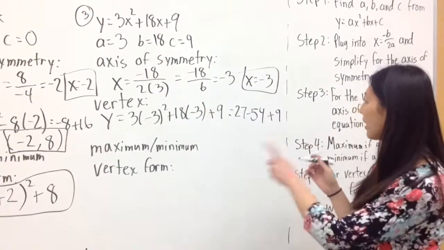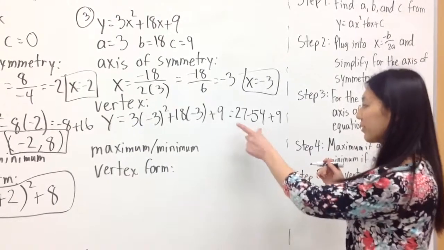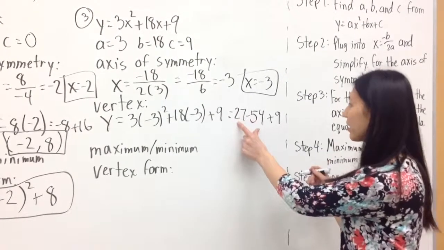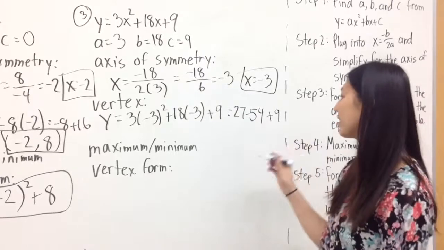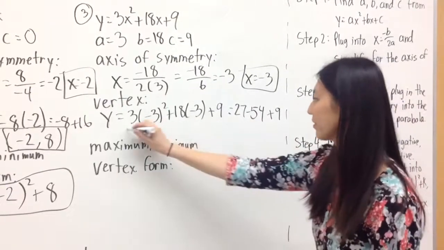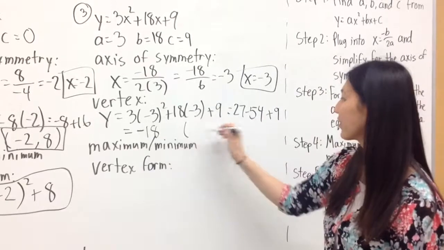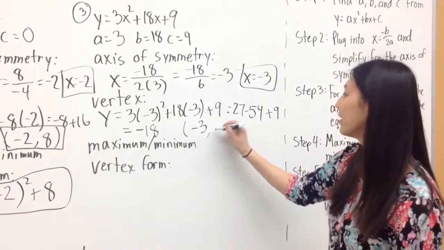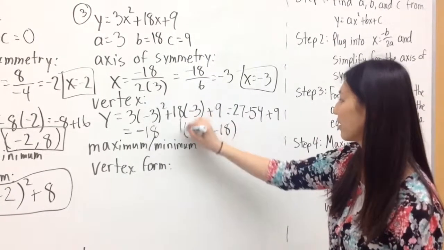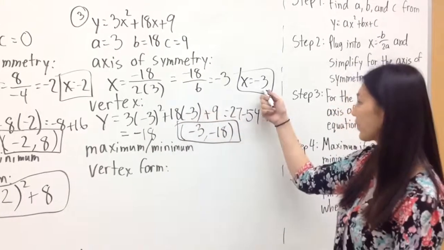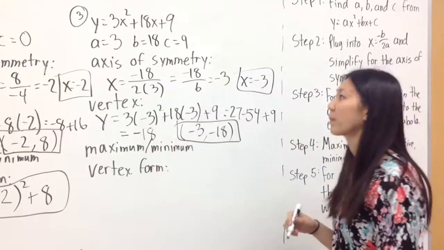Okay, so when we add all of these together, this is going to give me negative 27 here, plus 9 is going to give me negative 18. So this gives me negative 18, which means that my vertex is at negative 3, negative 18. Remember, this is my x coordinate, that's my y coordinate.